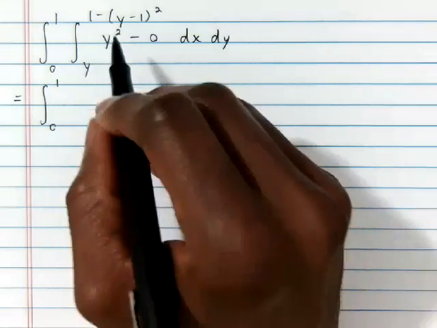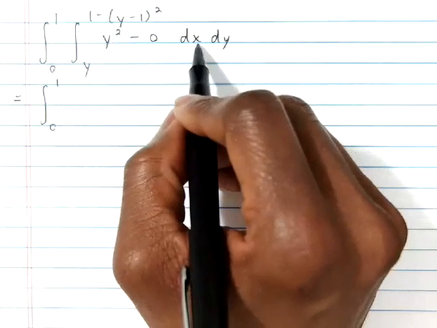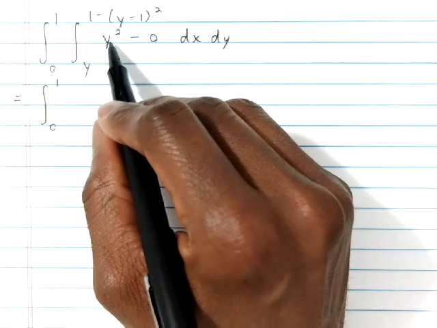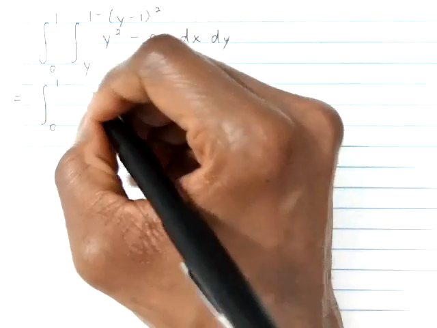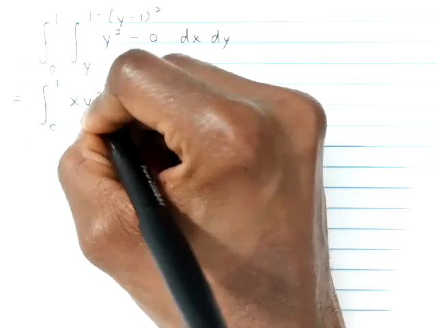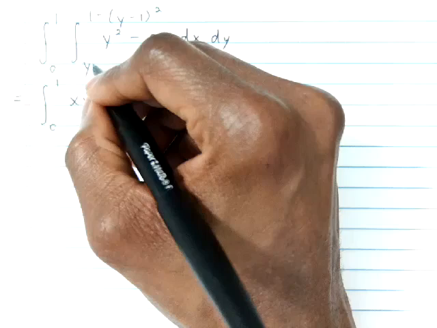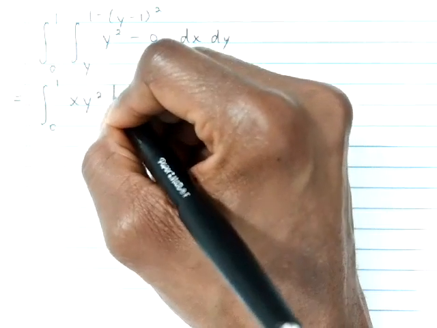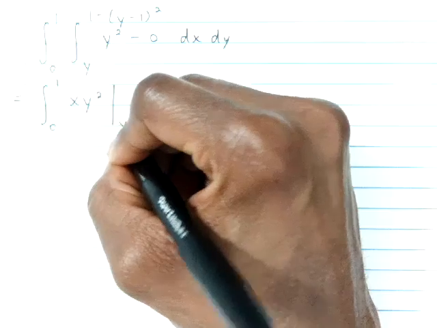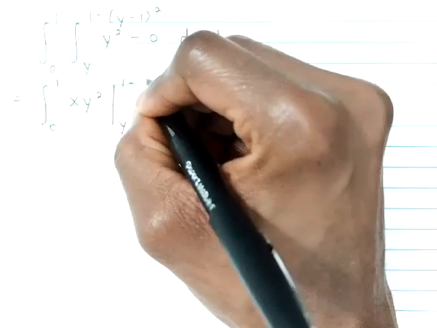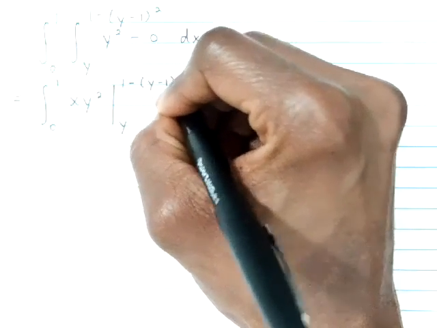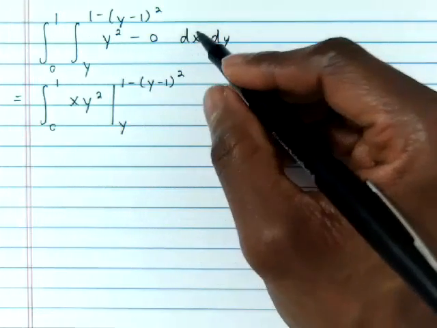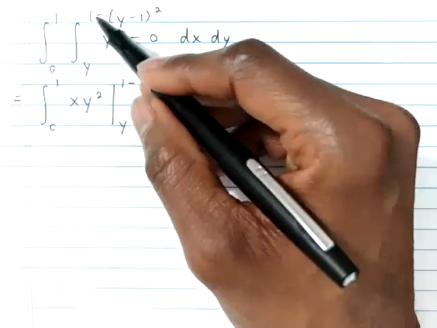So this is the integral of a constant with respect to x, and what you get is that constant times x. So we're just going to have x times y squared, and then it's a definite integral from y up to 1 minus the quantity y minus 1 squared. Remember, you're integrating with respect to x, or just keep in mind this is x equals and x equals.